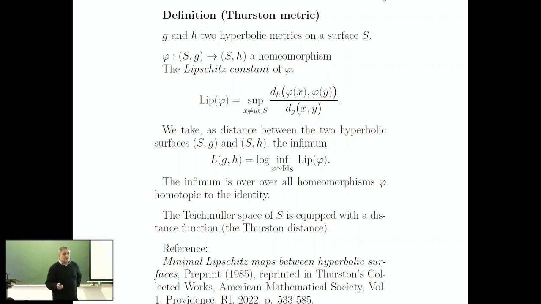So this is 40 years ago. I read that paper, and the paper is at the same time very difficult and very simple. It's very simple because you can read it.